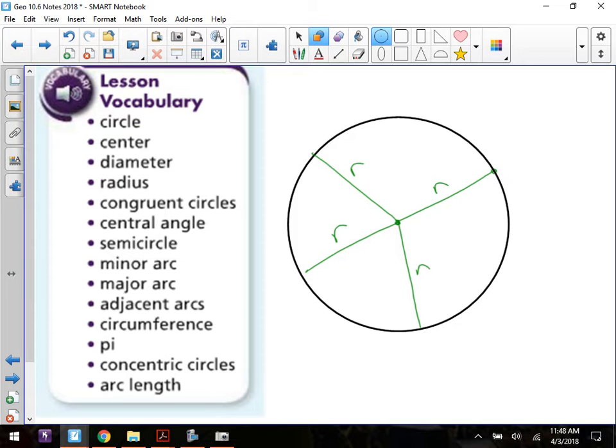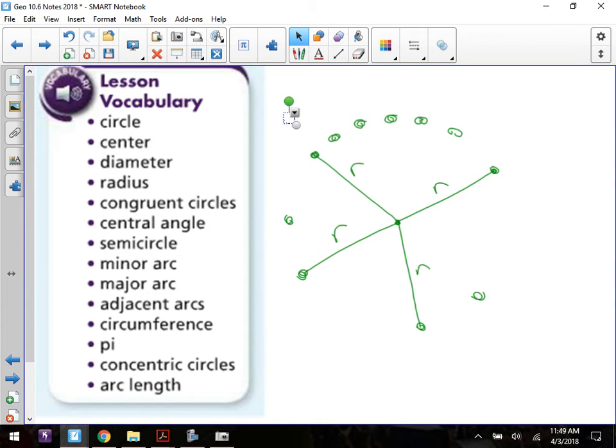Those are all congruent. A circle is defined as a set of points that are all equidistant to a center. That's what defines a circle. It's little things like that that you kind of knew-ish, but you kind of forgot-ish.